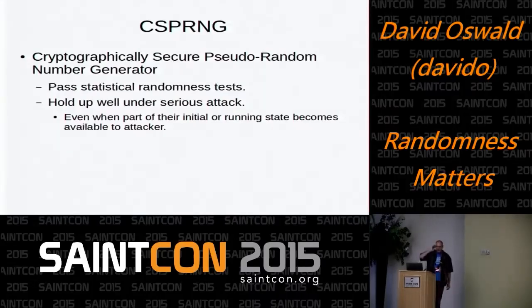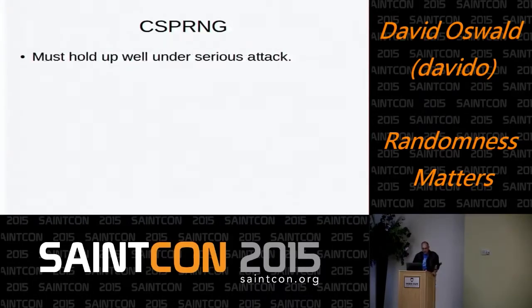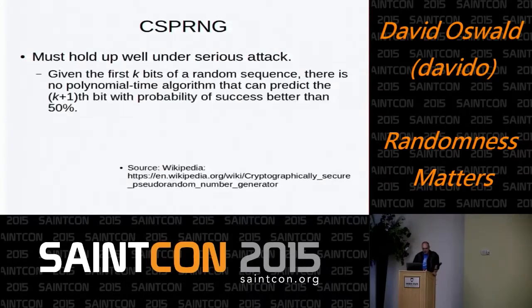A good cryptographically secure random number generator should be able to pass statistical randomness tests, but rand can do that, right? It should also hold up well under serious attack, even when part of its running or internal state becomes available to the attacker. That means that given the first k bits of the random sequence, there is no polynomial time algorithm that can predict the (k+1)th bit with any probability of success greater than 50%.